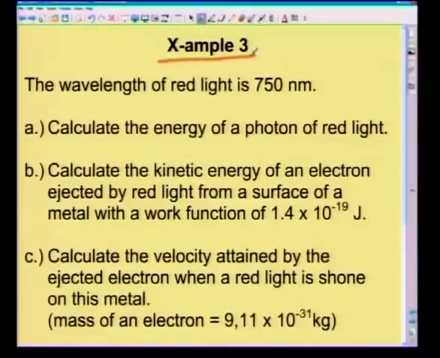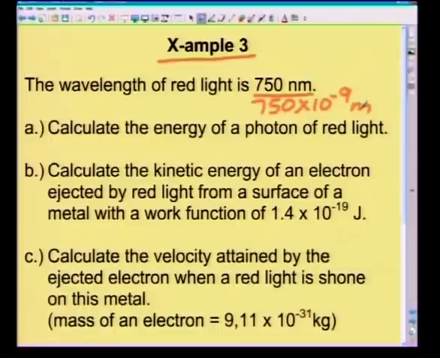Right, let's have a look at example 3. The wavelength of red light is 750 nanometers. Remember that we don't work in nanometers, so this will be converted into meters by multiplying by 10 to the power minus 9.